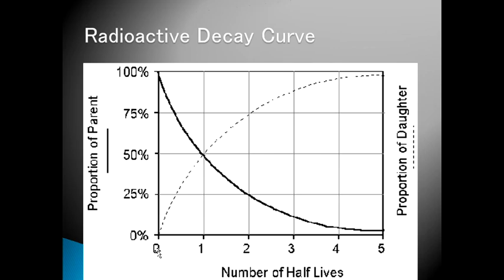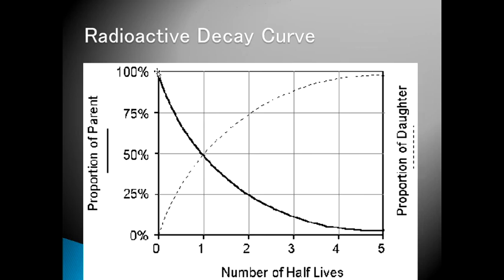At 0 half-lives, remember I said we have 100% parent. So this axis, the y-axis over here, is measuring the percentage of parent. So at time 0, remember that's when that crystal first forms, boom, we're right up here at 100% parent.